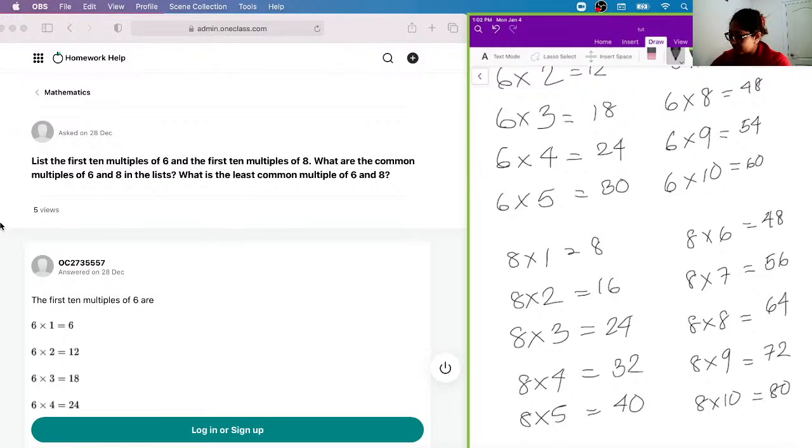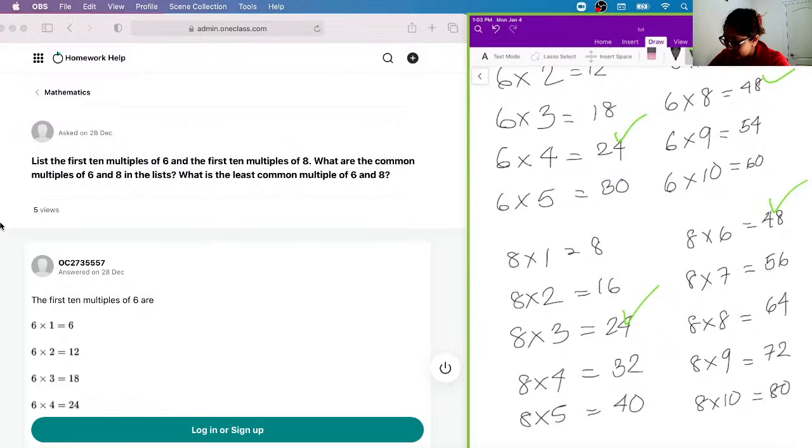So from all the multiples given, the common multiples of 6 and 8, you can see here, right? If you see what's common, it's 24 and 48.